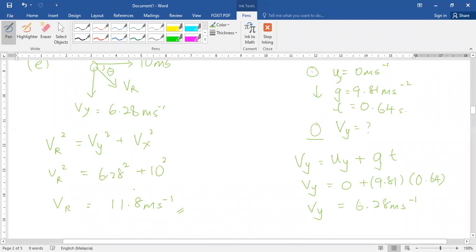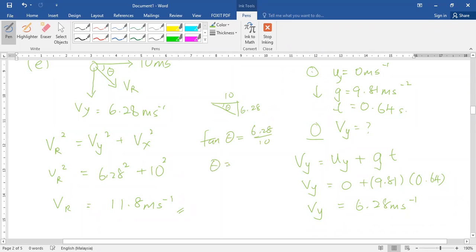And next, find out the angle. What will be the angle? The angle is like that, right? This is the angle, right? So this is 10, and going downwards is 6.28. So I use tan delta equal to 6.28 over 10.